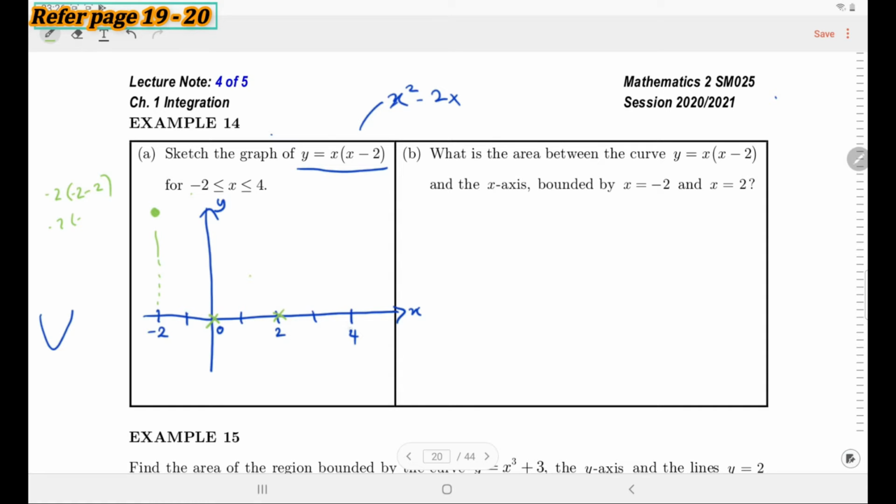When x equals 4, 4 times 2 is also 8, so somewhere here. Then the minimum point, so I can simply sketch the graph. This will be your graph, looking like a smile, a positive quadratic. I have sketched it, so it's done.